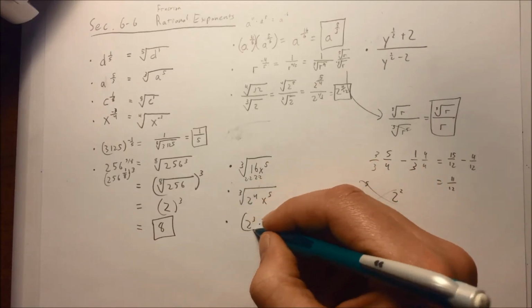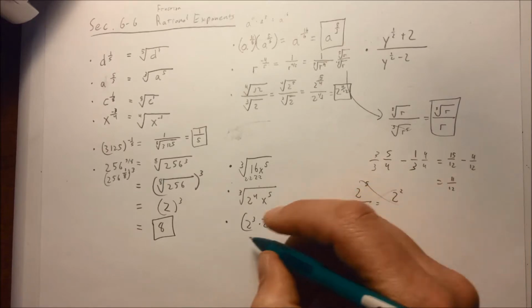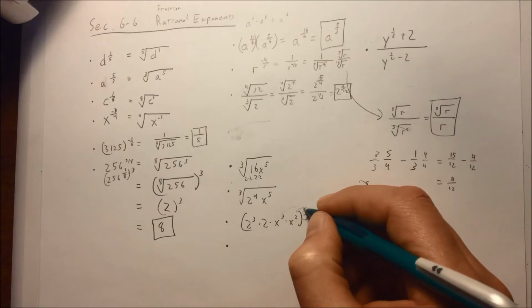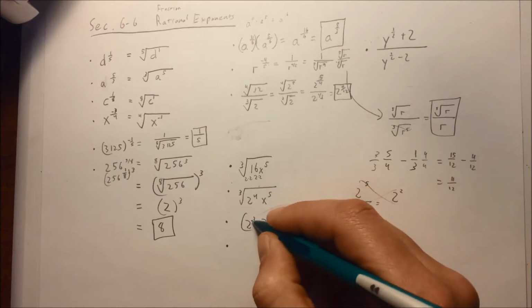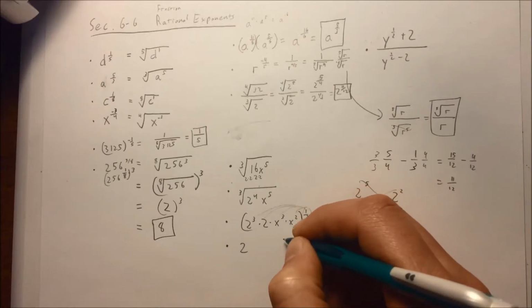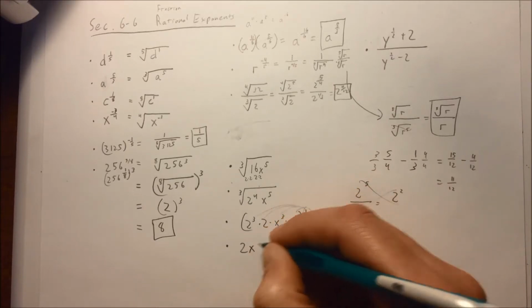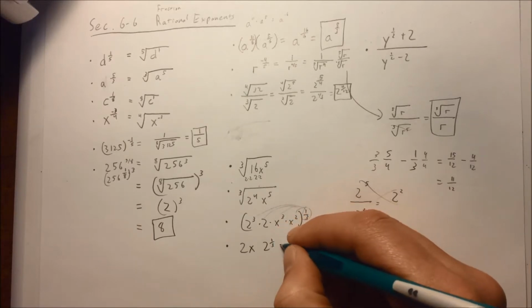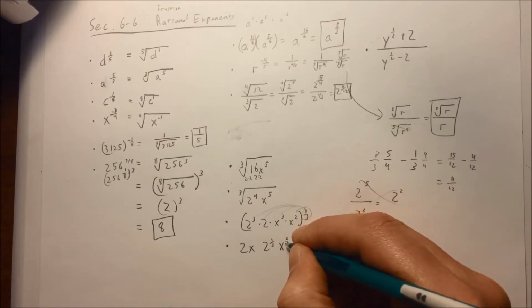Now the third root, I can rewrite this as 1/3. Now if I distribute this, those cancel out, I just got a 2. Those cancel out, and I just have an x. So I've got 2 to the 1/3 and x to the 2/3.